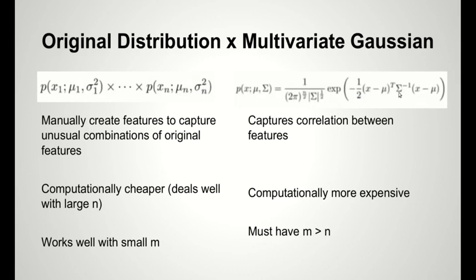In this case, anomaly detection is preferred instead of supervised learning, because supervised learning deals better with large numbers of positive and negative examples, so the proportion is more balanced.